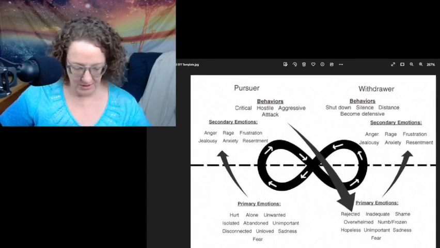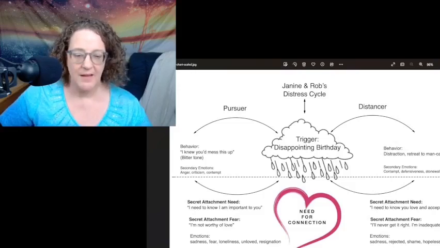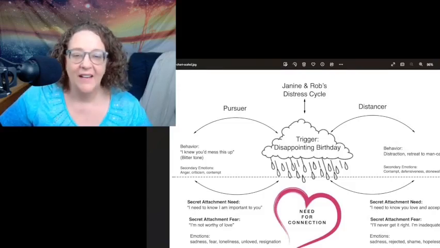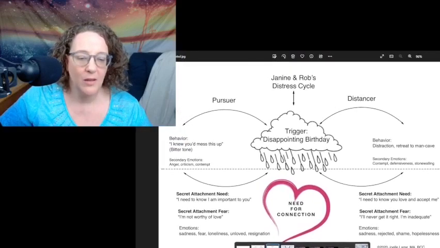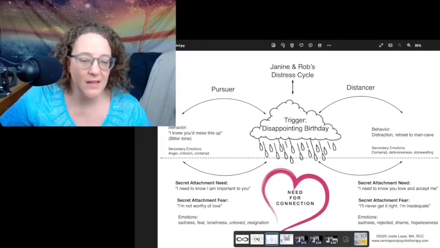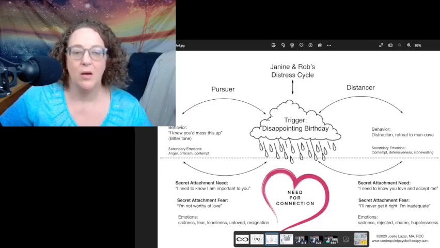Somebody published a case study. And since they published it online, I'm going to assume that Janine and Rob had consent. It's cited down here at the bottom, Joelle Lazar, who is clearly an EFT clinician out of centerpointpsychotherapy.com.